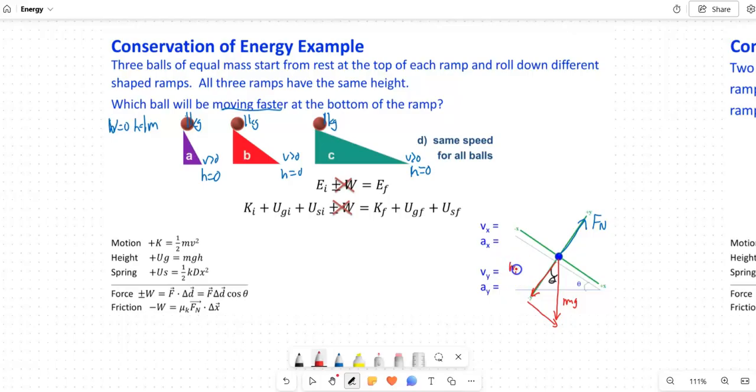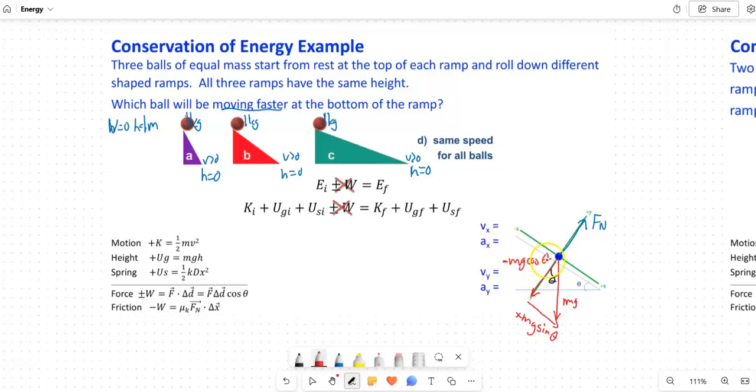Okay, so this is going to be mg cosine of theta, and that'll be negative. Try to write that over here. mg cosine of theta, and that's negative. This is going to be mg sine of theta, and that's pointed in the positive x direction.